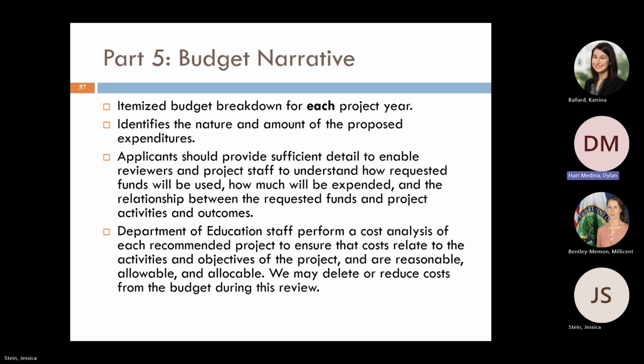Department of Education staff will perform a cost analysis of each recommended project to ensure that the costs relate to the activities and objectives of the project and are reasonable, allowable, and allocable. The department may delete or reduce costs from the budget during this review.